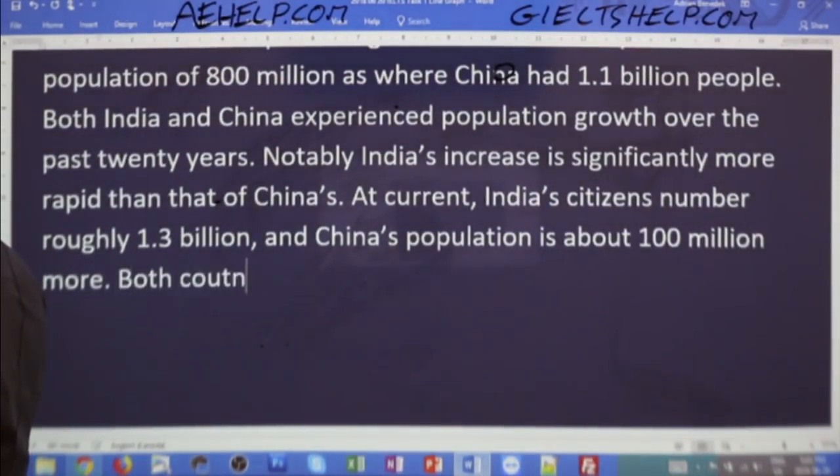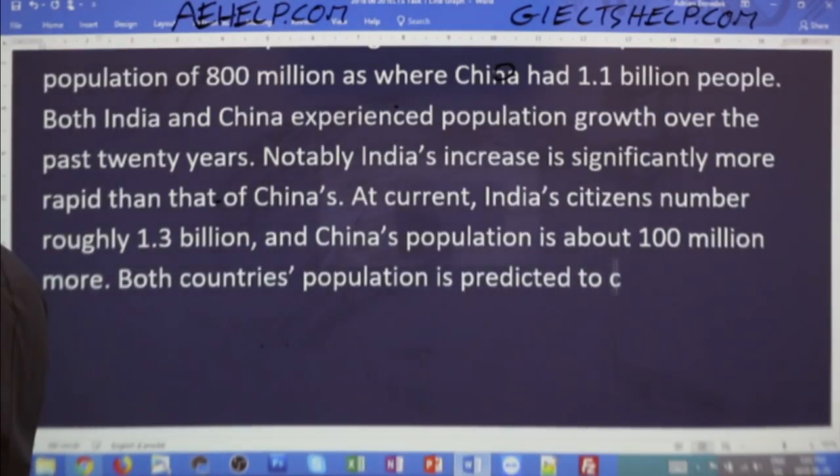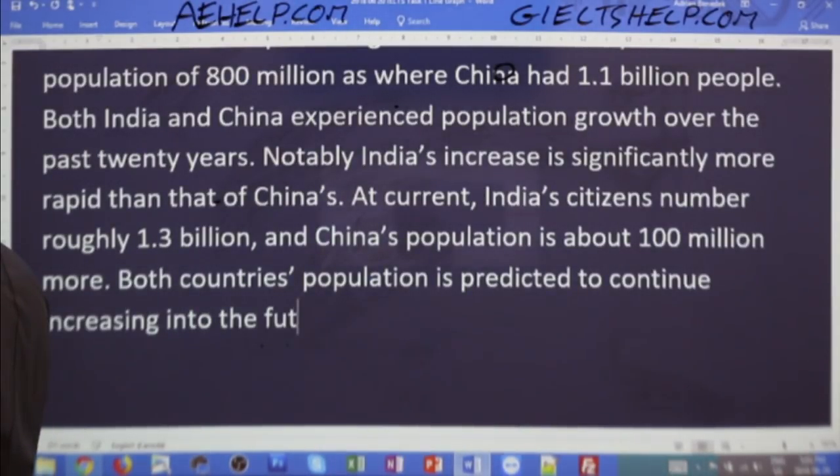Both countries' population is expected or predicted to continue increasing into the future.